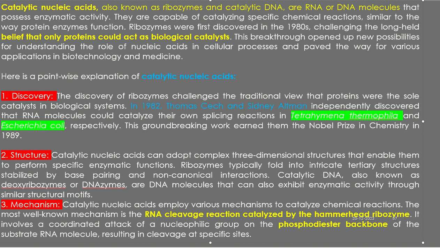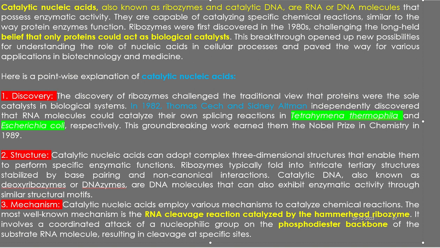So, how to write about these catalytic nucleic acids or catalytic functions of nucleic acids, or how they act as enzymes. First you have to write the discovery or history behind that. There are two scientists, Thomas Cech and Sidney Altman.